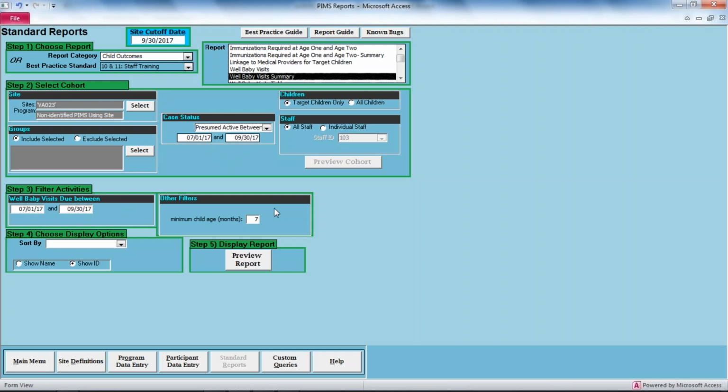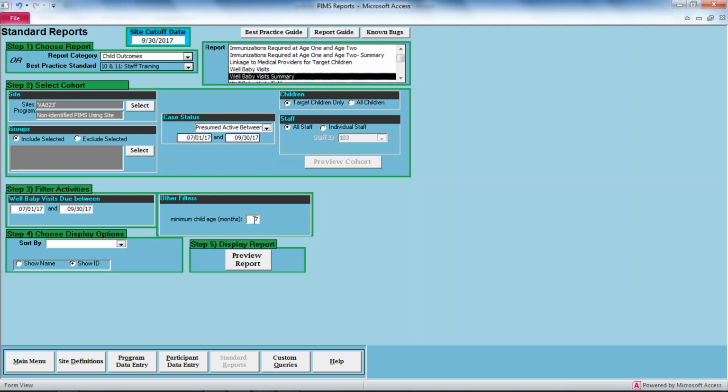If you remember, I mentioned that one shortcoming of some of the reports was that it doesn't start when the kids have reached 7 months, which is what our outcomes specify. This allows us to specify 7 months as the minimum age for which we're looking at the children.